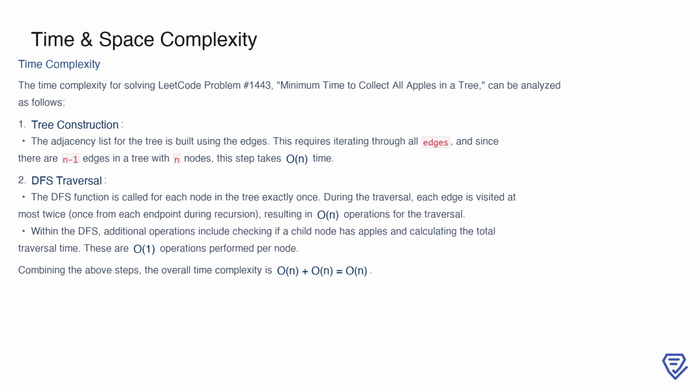These operations collectively also take O(n) time. Additional computations within the DFS, such as checking for apples or calculating traversal costs, are constant time operations per node. Summing these steps, the total time complexity for solving this problem is O(n) plus O(n), which simplifies to O(n).